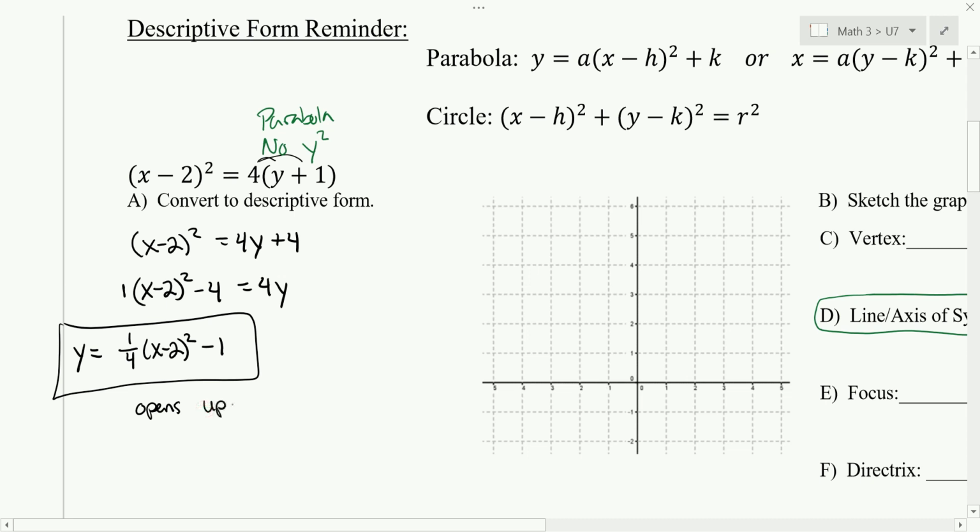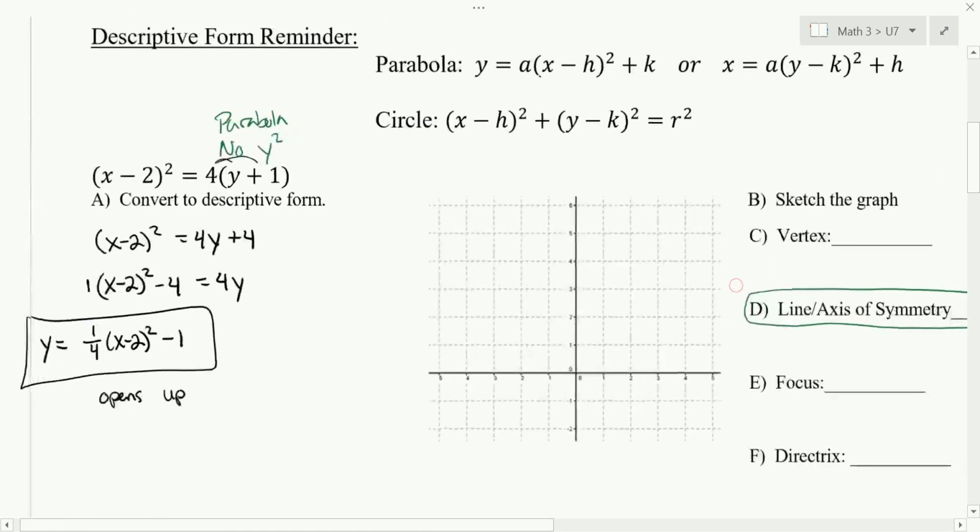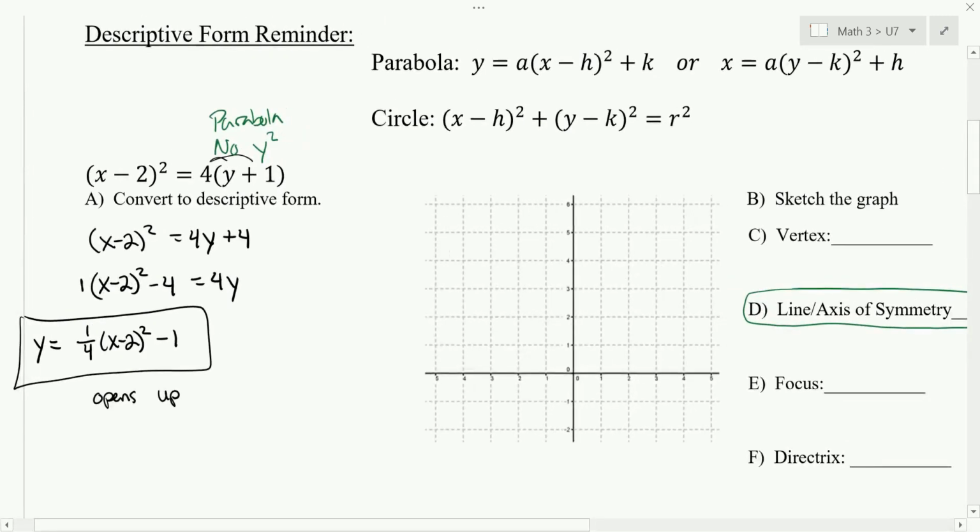It opens up because it's y equals a positive 1/4, right? Those are the pieces you look at, and it opens in the positive y direction, which is up. So we want to sketch this graph, but we need some more pieces here. We need the vertex to help us sketch the graph. So let's skip B and go to part C right now. What's our vertex?